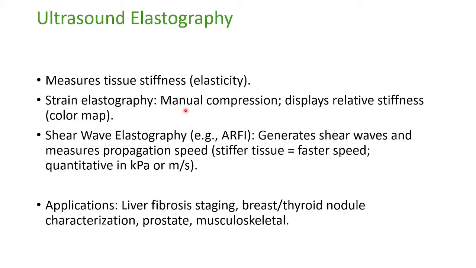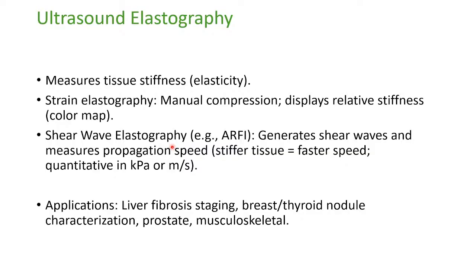Strain elastography, manual compression, displays relative stiffness, color map. Shear wave elastography, e.g. ARFI, generates shear waves and measures propagation speed; stiffer tissue, faster speed, quantitative assessment. So we have got different types of tissue elastography.